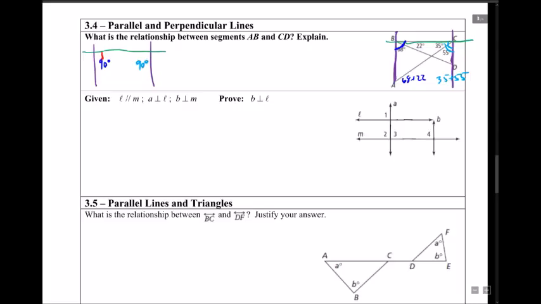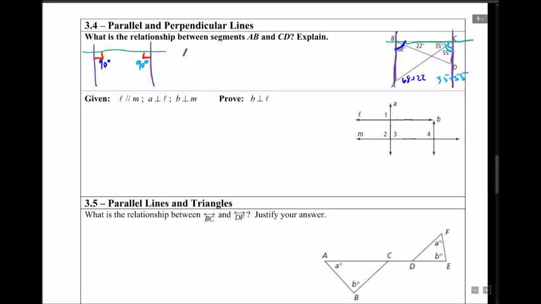So I see two right angles, which means we have two lines that are perpendicular to the same line. So what do we get to say?